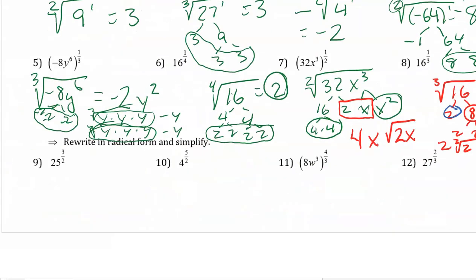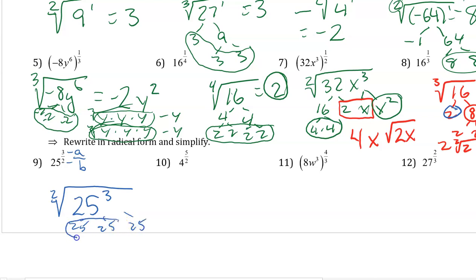Moving on. Now we're going to rewrite in radical form and simplify. For number 9, 25 to the 3 halves. So this is again a rational exponent where the top is what we're going to raise the 25 to, and the bottom is the root that we're taking of it. 25 cubed is 25 times 25 times 25.